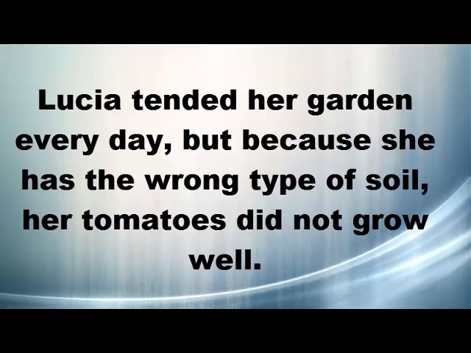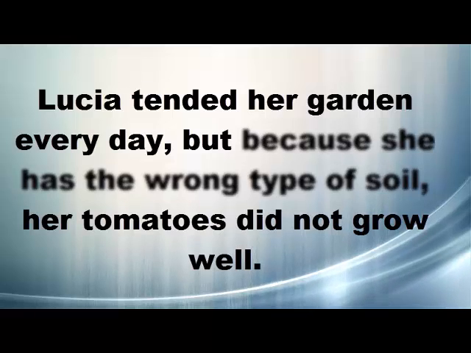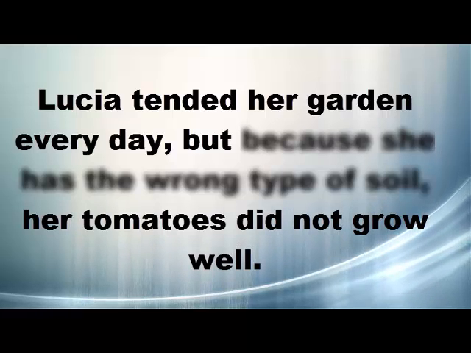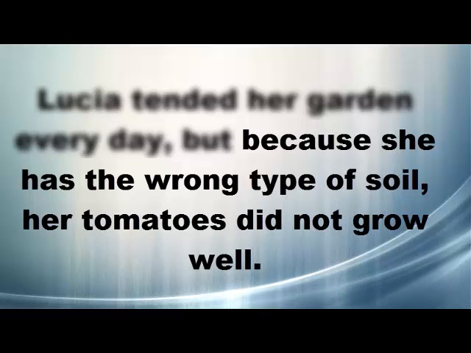In this sentence, we have reversed the order of the dependent clause and the independent clause. Lucia tended her garden every day, but because she has the wrong type of soil, her tomatoes did not grow well. The sentence still has the elements of a compound sentence, and the sentence still has the elements of a complex sentence.